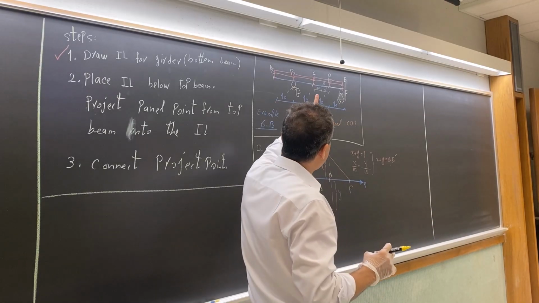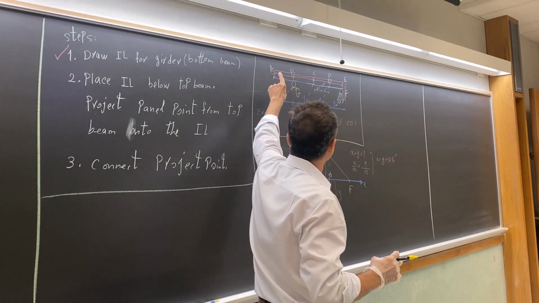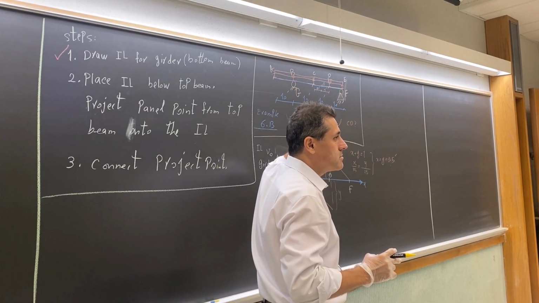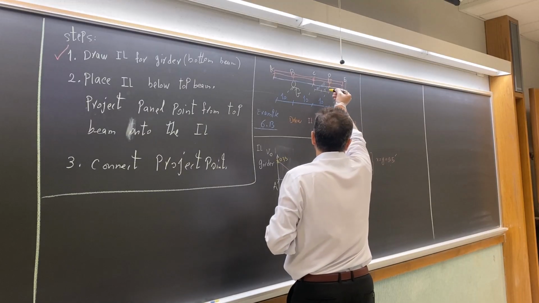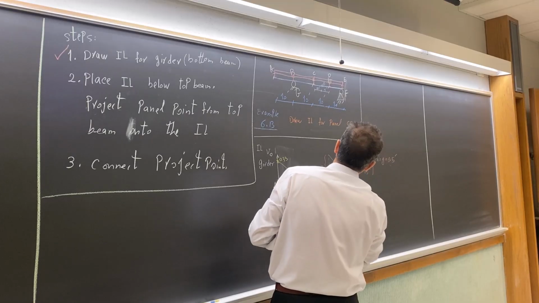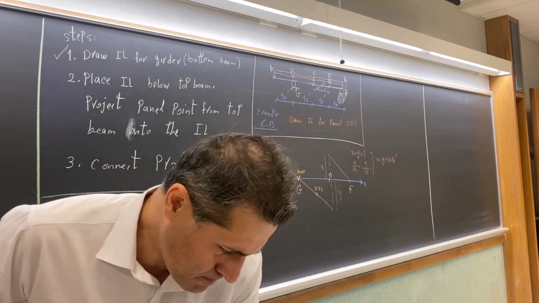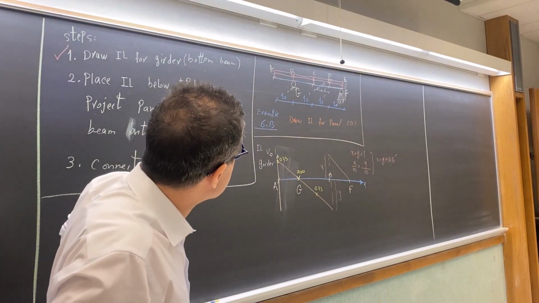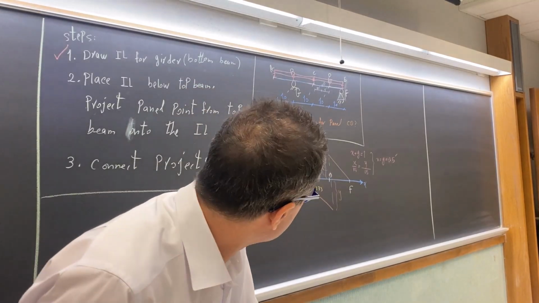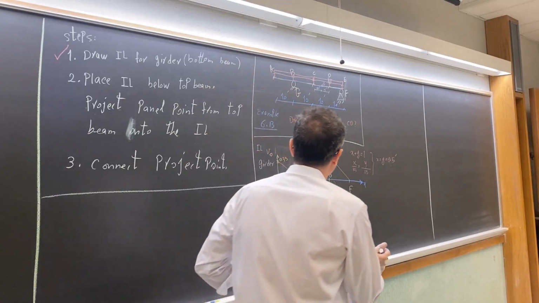Mason, next panel point. After A, B, and C, what is the next panel point? D, right? So you just project it, come down. When you come down, it becomes point D. Or sorry, 0.33?